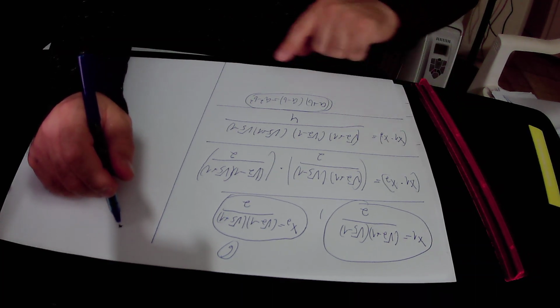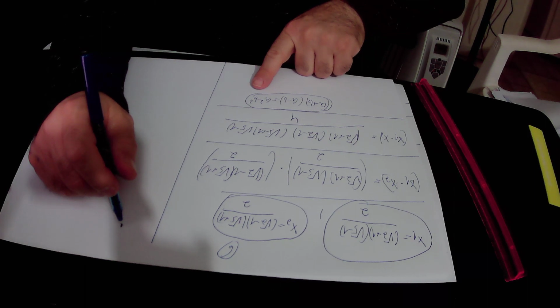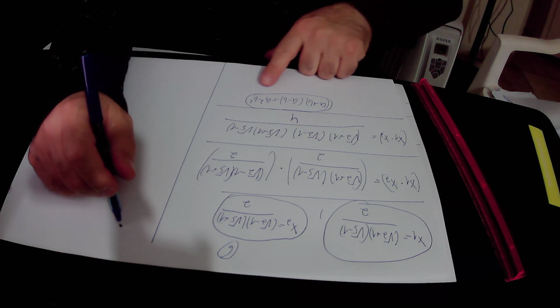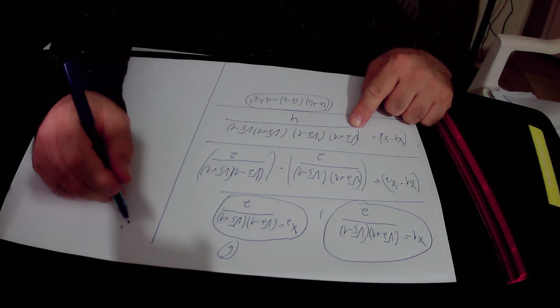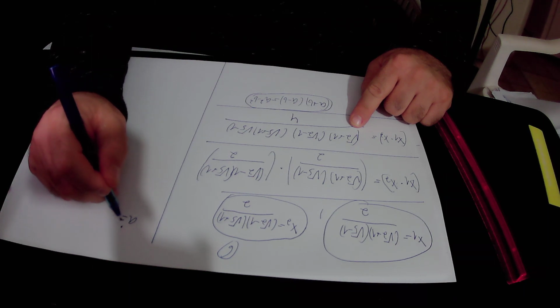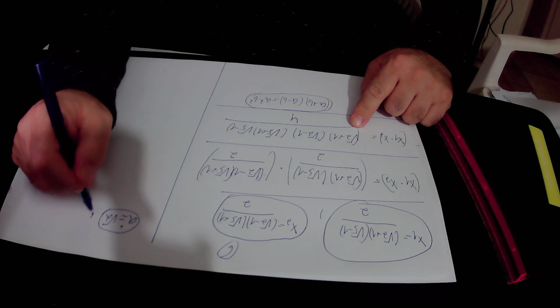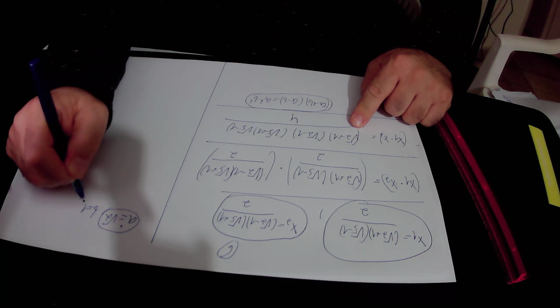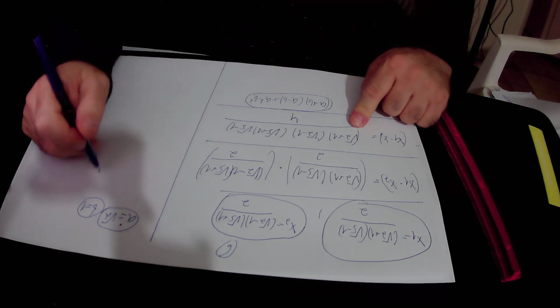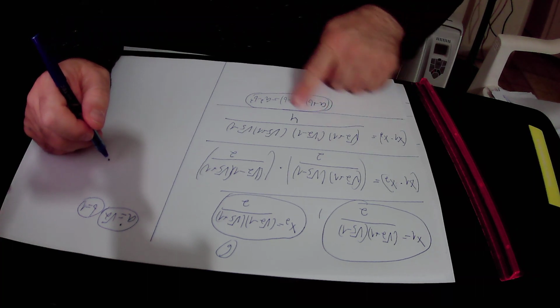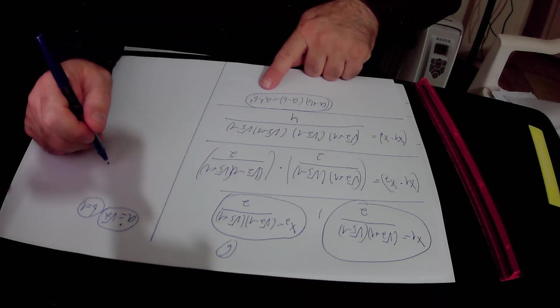It must be equal to a squared minus b squared. Okay? And here a equals square root of 2, and b equals 1. So we must get that this expression equals a squared minus b squared.